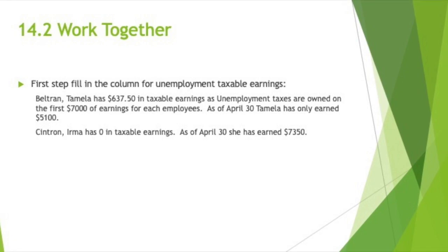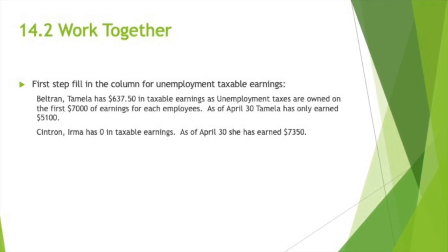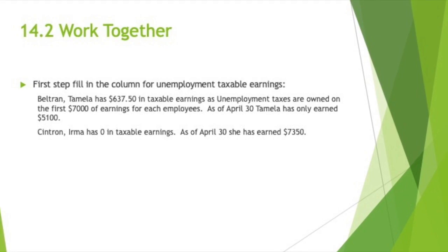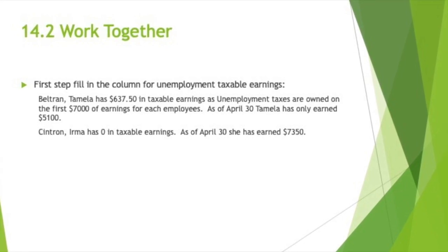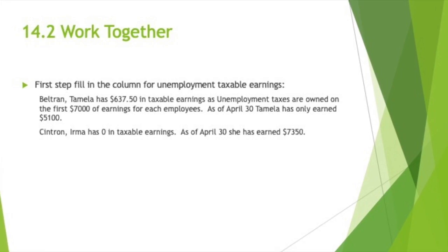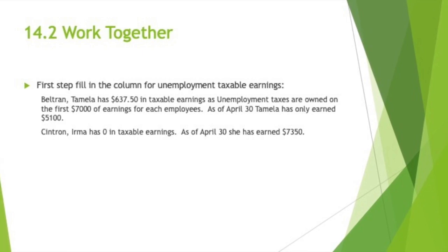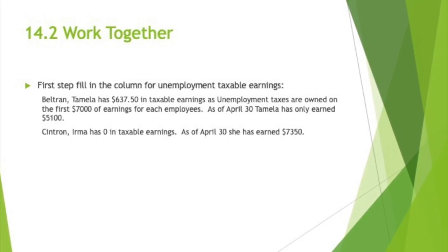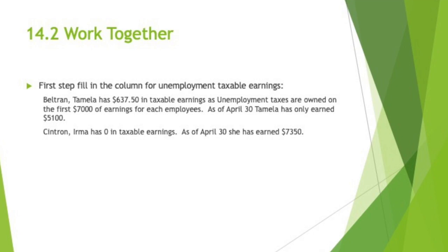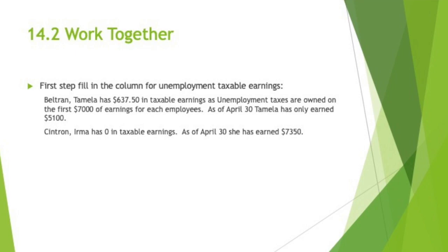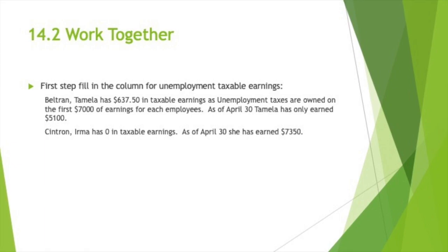Her total earnings for May 1st through the 15th, in that second column, are $637.50. So her unemployment taxable earnings will be the $637.50. You move on to Ms. Cintron. Accumulated earnings as of April 30th is $7,350. She has already hit that $7,000 mark, so you do not have to figure out her unemployment taxable earnings. She has zero.